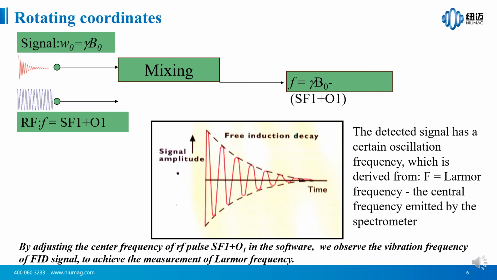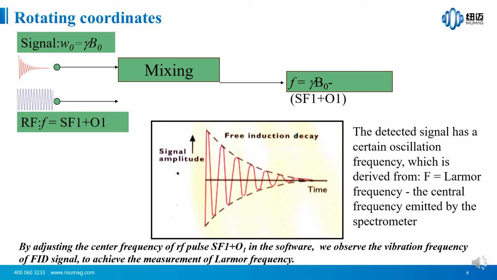We artificially set the center frequency of the IF pulse, SF1 plus O1. After mixing, the frequency displayed on the MRI device is the difference between the two frequencies. This is the oscillation frequency of the signal that we measure.